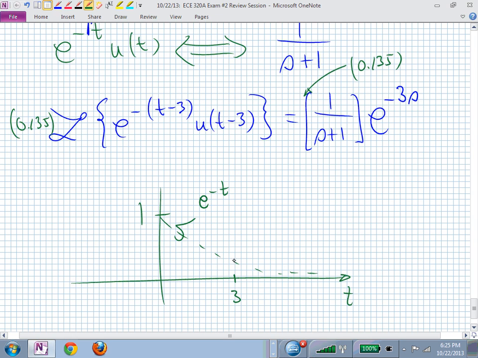So at 3 is when we turn it on, and so this is now what we have, that e to the minus (t minus 3) u of (t minus 3). That blue piece. And we are Laplace transforming that. And what is that? That's really just a scaled version of e to the minus t. And that's where that e to the minus 2 came from. We turned it on at 3 by that u of (t minus 3).